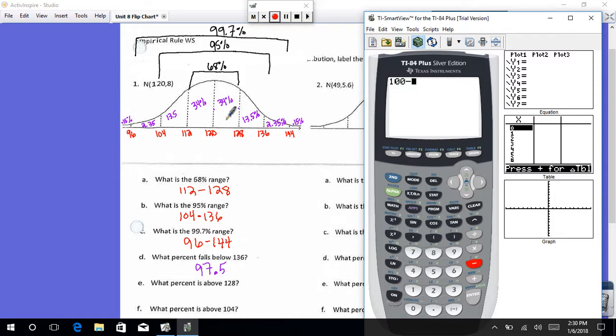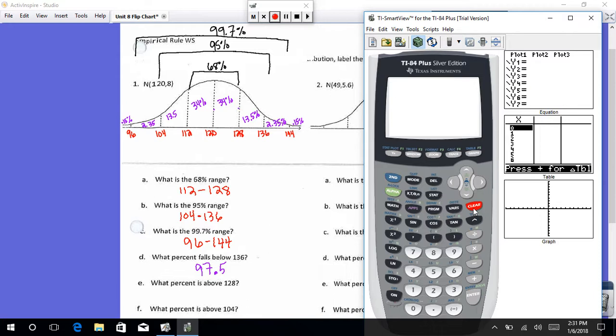And from 136 down is everything except for these two little values right here. So you could say 100% minus the two that are not included, and you should get the same answer. So you should get the same answer no matter which way you do it. It doesn't matter. It's preference.